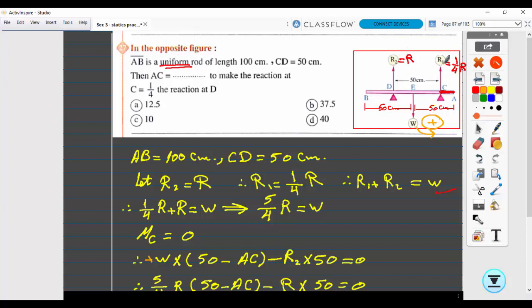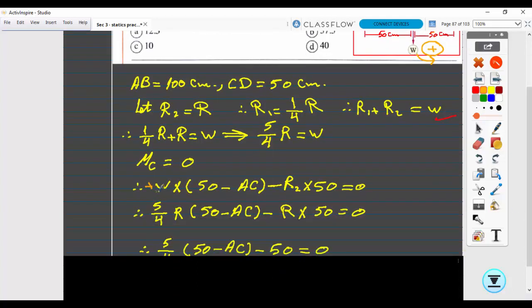Of course, the moment of R1 about C equals 0 because the line of action of the force R1 passes through the point C. Now we substitute W equals 5/4 R multiplied by 50 minus AC, minus R multiplied by 50 equals 0.